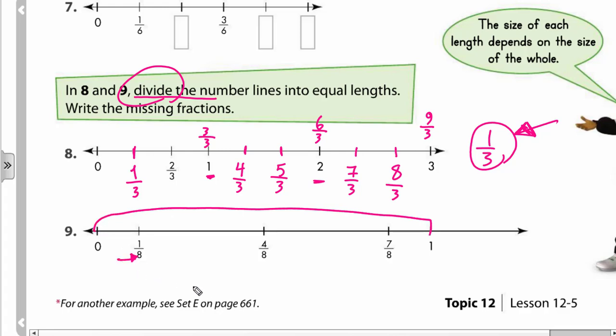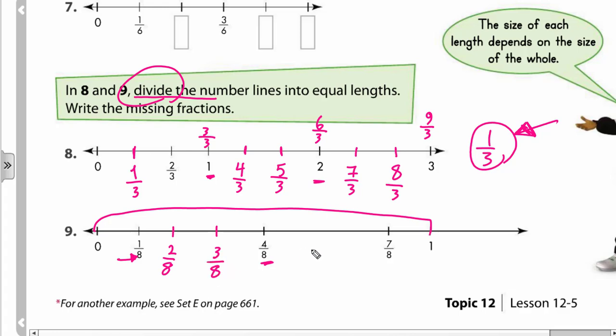Look at the denominator. The denominator is 8. So we have here 1/8, and the next one will be 2/8. And I need to write 2/8 and 3/8 because this one is 4/8, right? Okay, so let's divide it. So here 2/8.